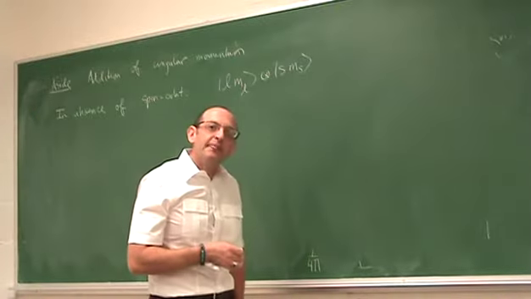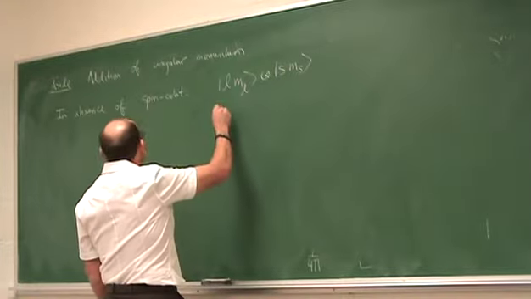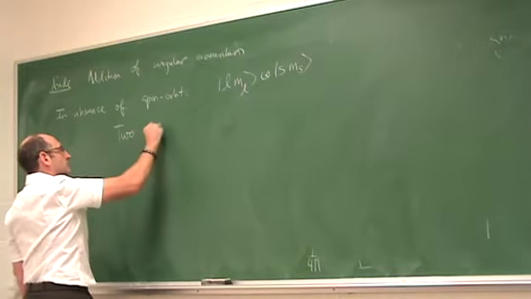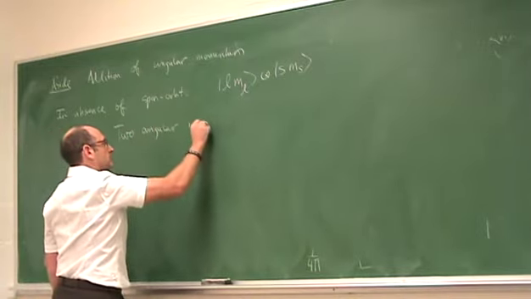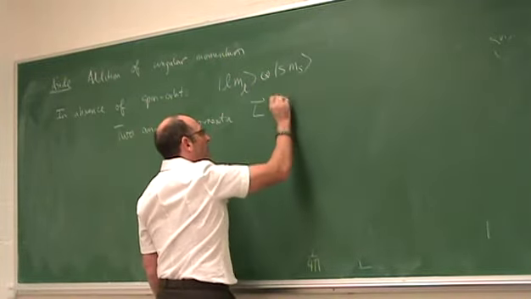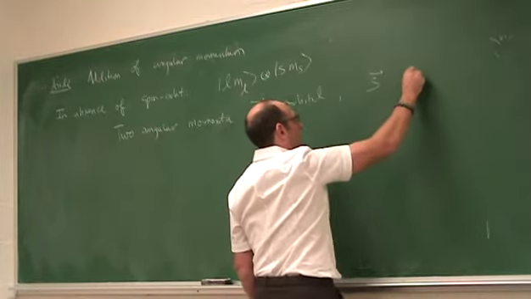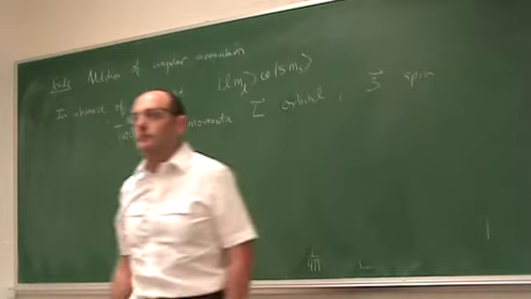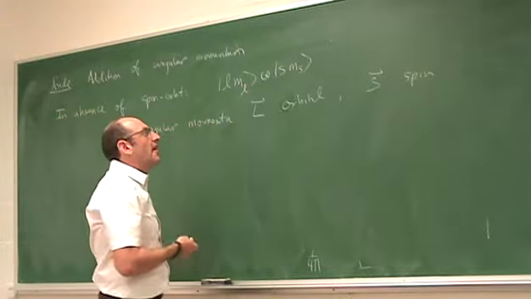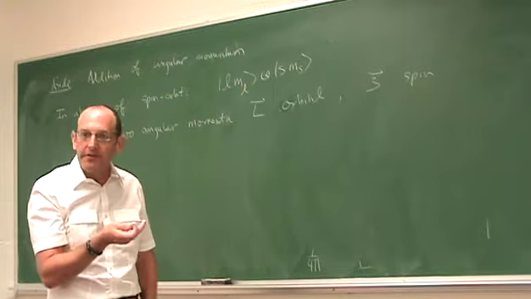And as you remember, when we have 2 angular momenta, L, the orbital, and S, the spin, in order to specify the states of the system, we have some choices in terms of a complete set of commuting operators.